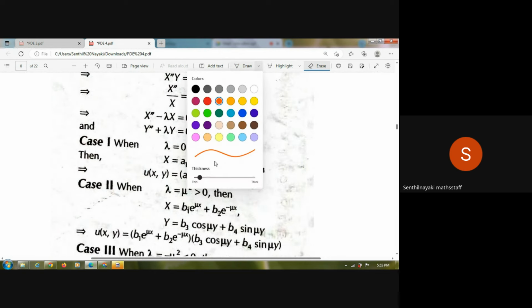For case 2, if lambda equal to mu square, then we have x double dash minus mu square into x equal to 0. Here m equal to plus or minus mu.